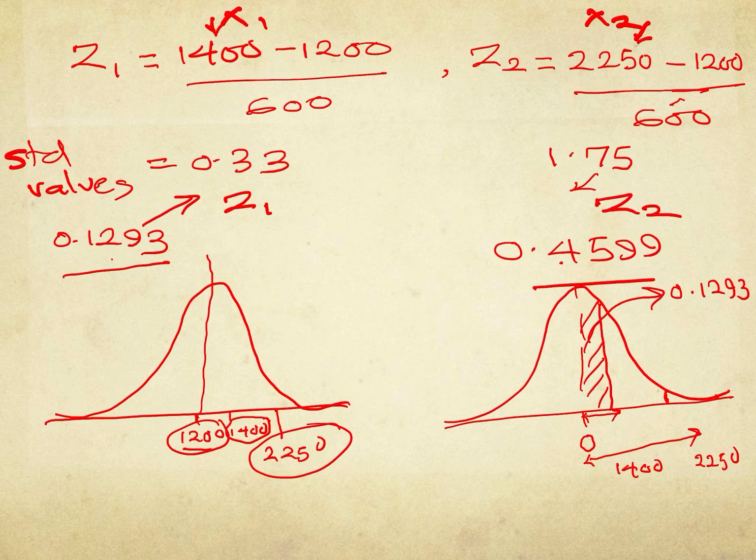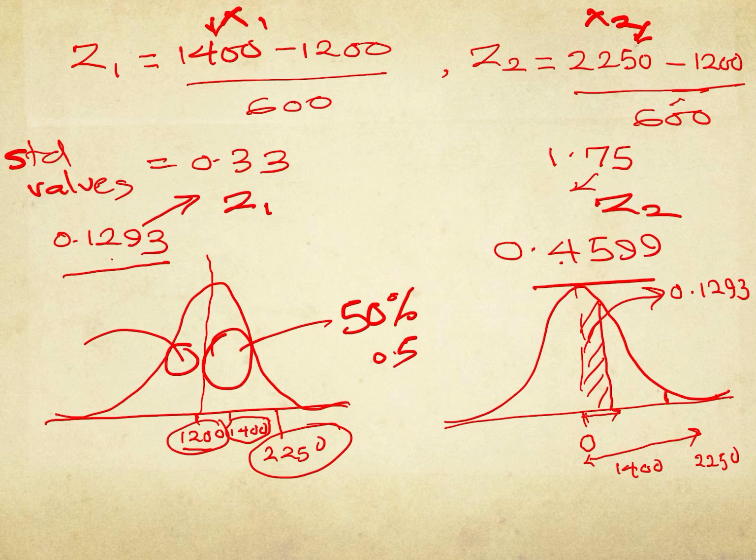The reason being that, as we described in the previous slides, the mean is also the median. So it divides the graph in half. So it means everything in here should be equivalent to 50% or 0.5.